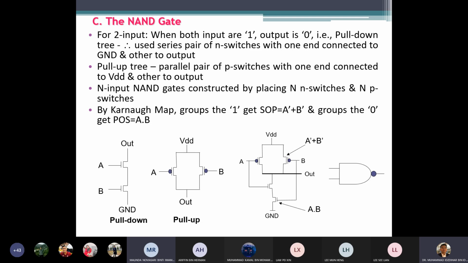P channel. Yang itu dia jadi kosong kan? Ke satu? Untuk kes apa? Oh, okey, saya dah faham. Okay, boleh. Tak apa, lepas ni kita go balik. Alright.